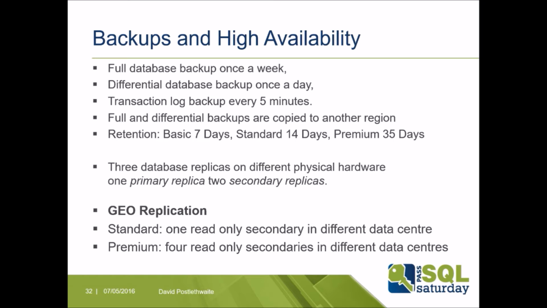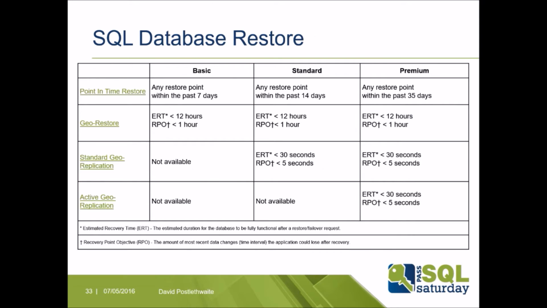They will cost you the same price as your primary database. So if you have a P11 at $50,000 a year, 4 read-only secondaries, that's another $200,000, that's $250,000 a year. It's getting quite expensive. So as you can see, log shipping, mirroring and Always On type functions are all taken care of for you.